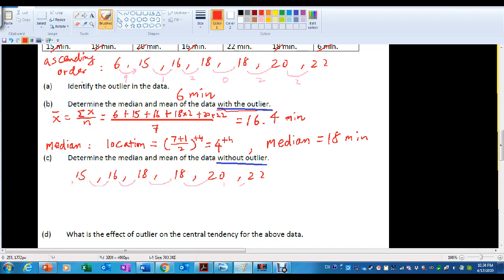So without the outlier there are only 6 data. Let's find the mean using the same method: 15, 16, 18, 18, 20, 22 divided by 6.